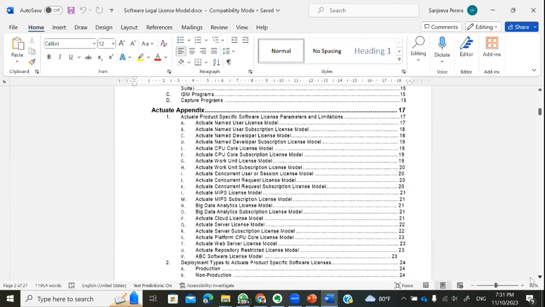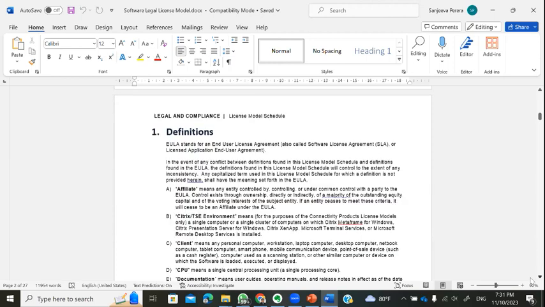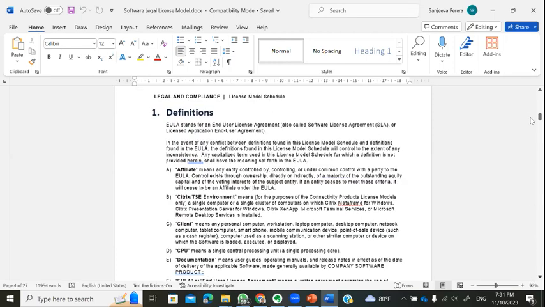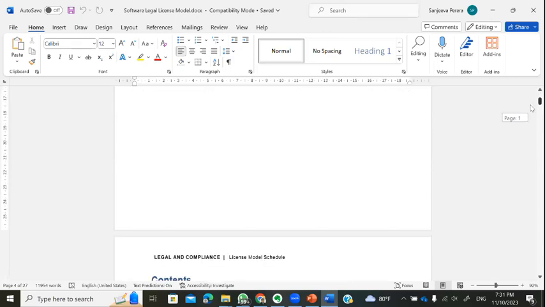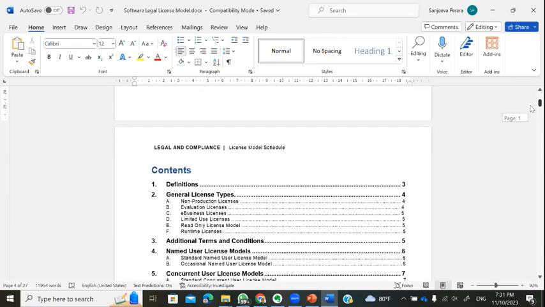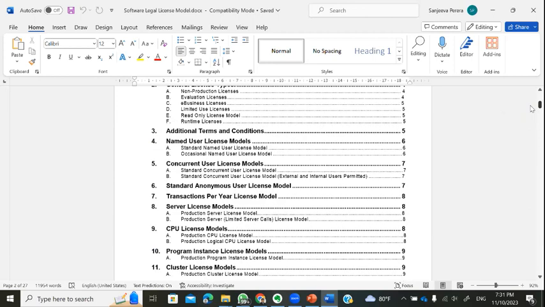So, this is a very complete document. You don't have to just study it, but this covers every software license, various methods of licensing people do. So, this documents models of license. Okay, this is license model. So, this is for your reference only.